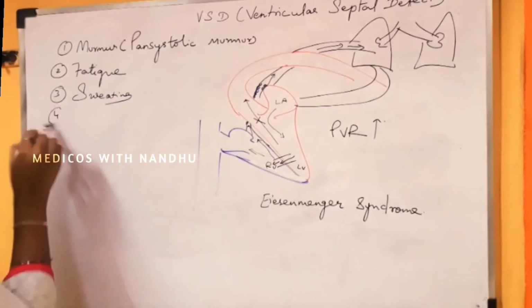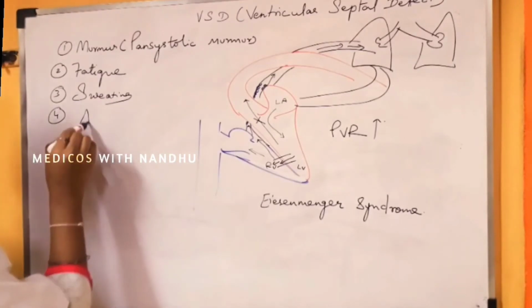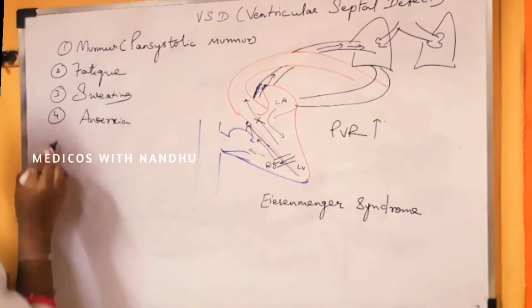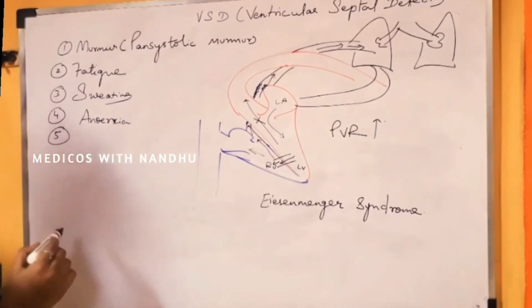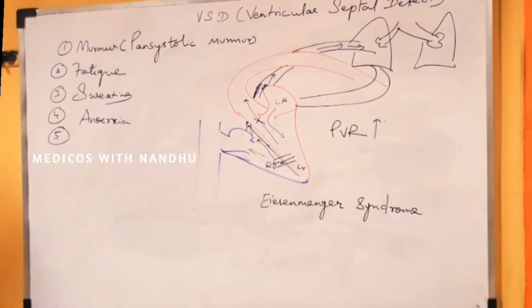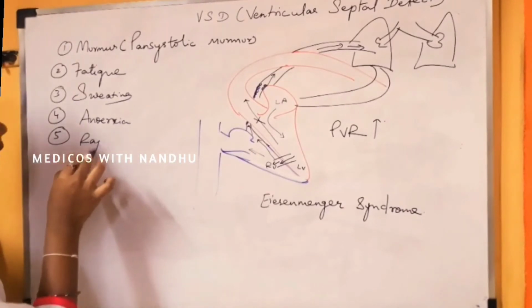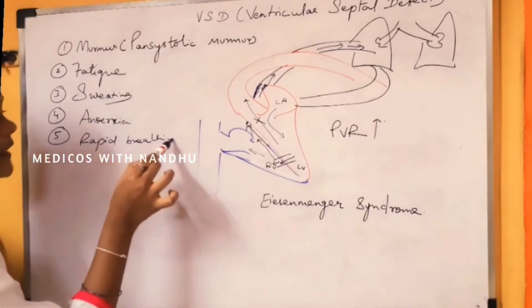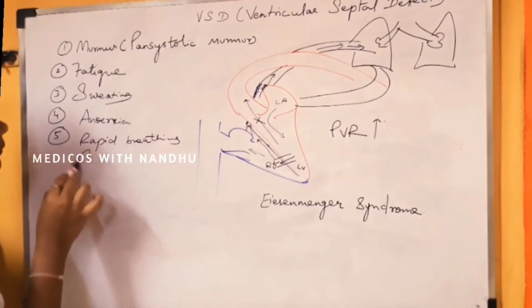Okay, fourth one we have anorexia. And the next one is rapid breathing will be there. Rapid breathing as well as congestion breathing. Okay.